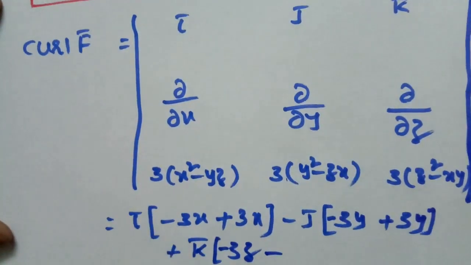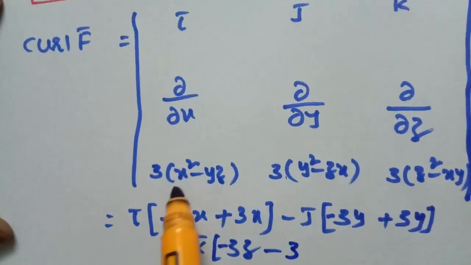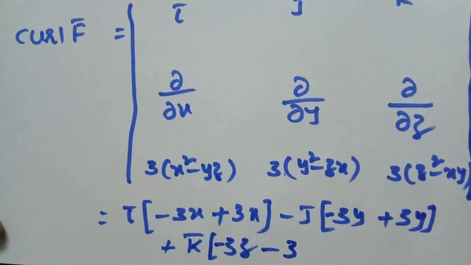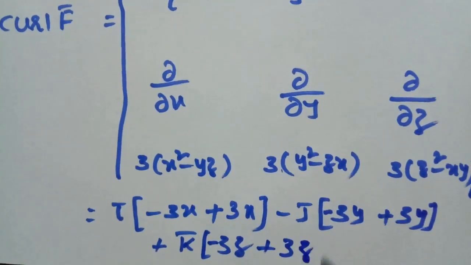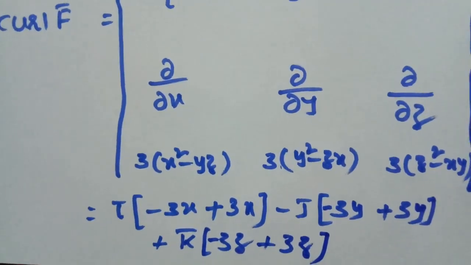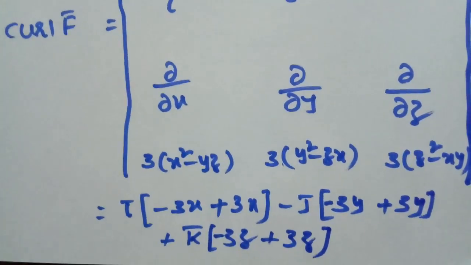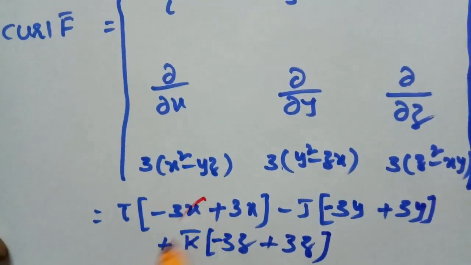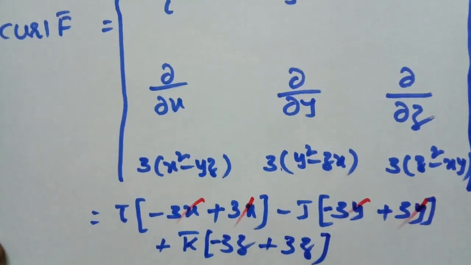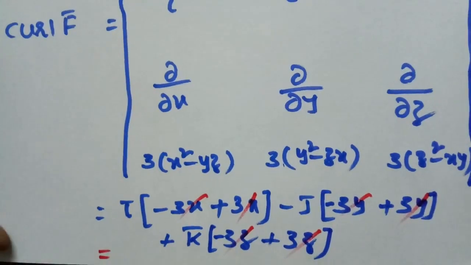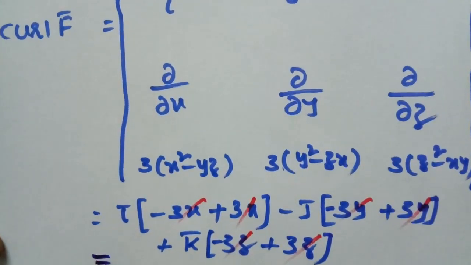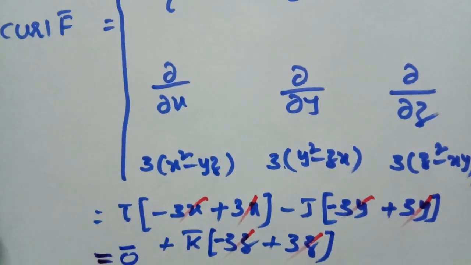Minus ∂/∂y of 3: the derivative of x square is 0, minus minus plus, the y derivative is 1, z is a constant. Therefore here all the terms get cancelled. Therefore this is equal to 0 bar. Curl F bar is equal to 0 bar.